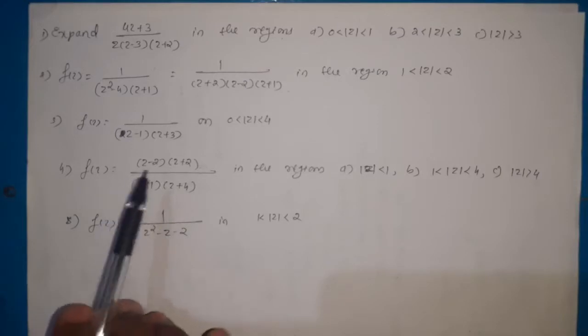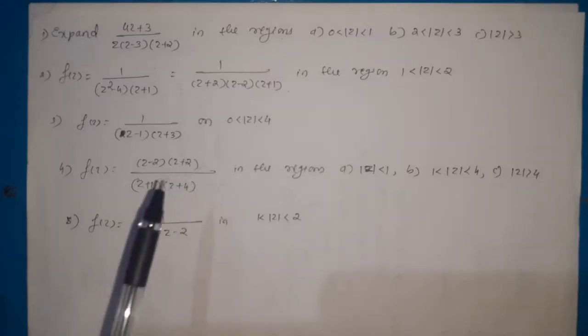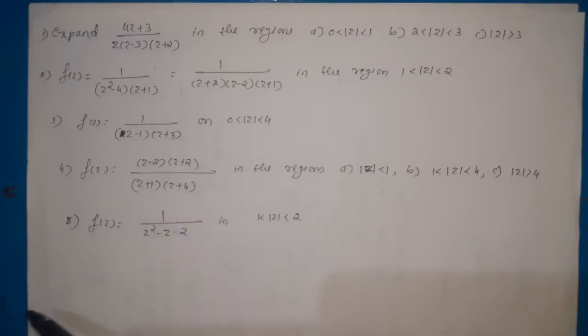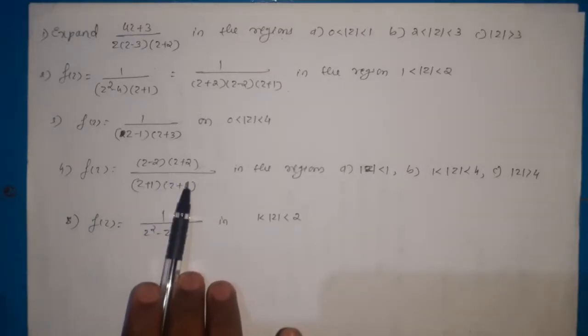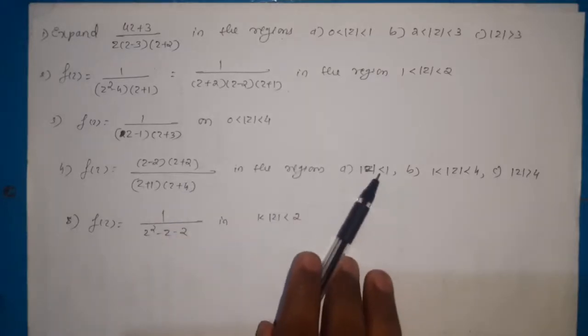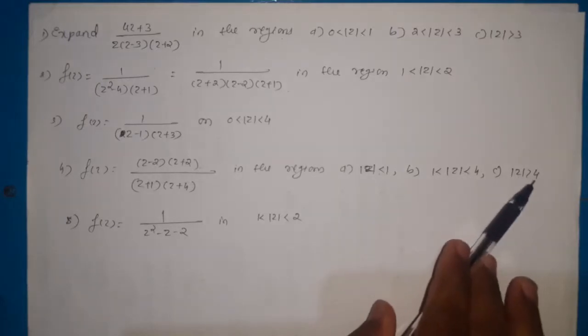So therefore whenever the powers of the variable are same in both numerator and denominator, that fraction is an improper fraction. So therefore first reduce the improper fraction to a proper fraction. Already I have solved one example on how to reduce an improper to a proper fraction. So reduce this first to the proper fraction and then solve, in the regions mod z less than 1, 1 less than mod z less than 4, mod z greater than 4.